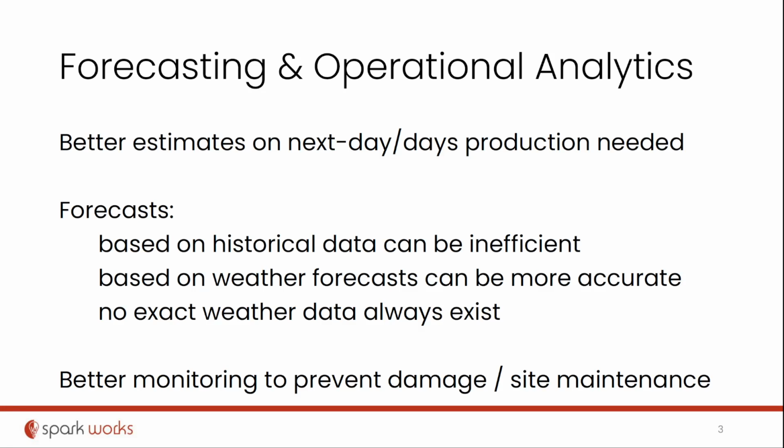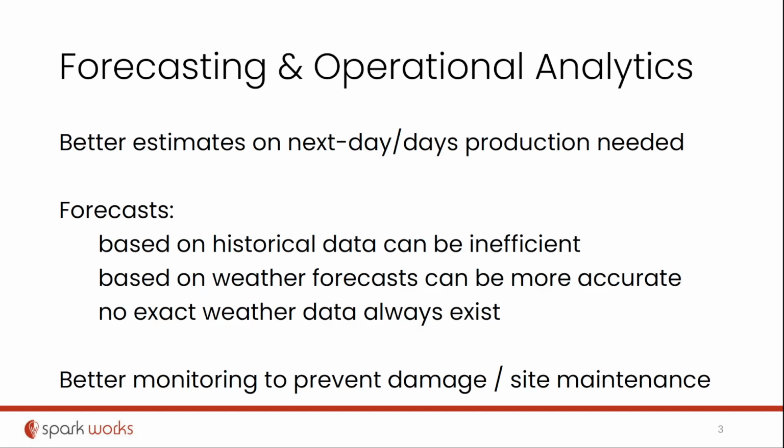So this forecasting can be done either based on historical data, which can be quite inefficient as we do not take into account current weather conditions in the area, but also we can bring into the picture weather forecasts in order to have more accurate predictions and also dependent on sudden changes of the weather in the area of the installation.